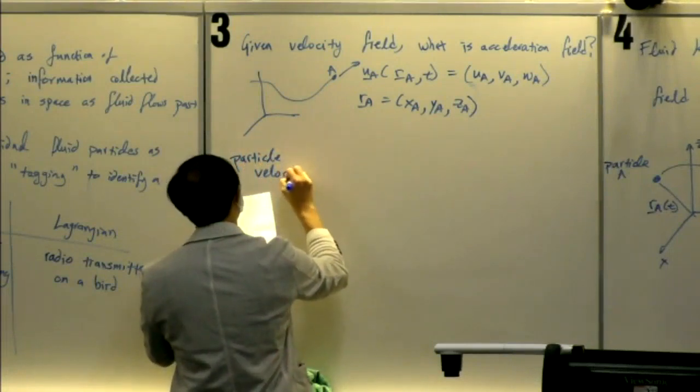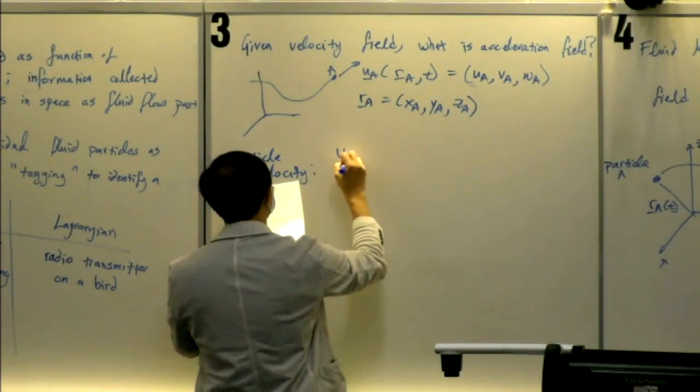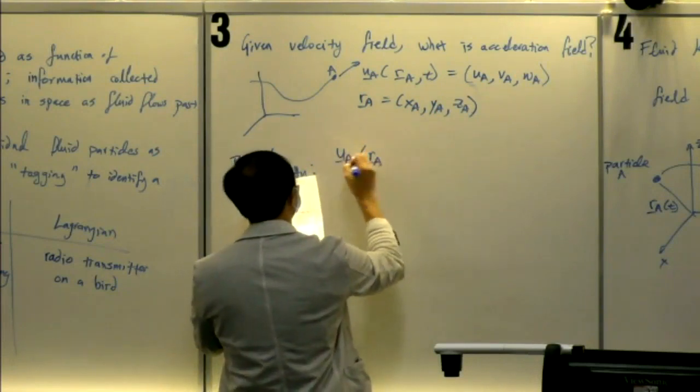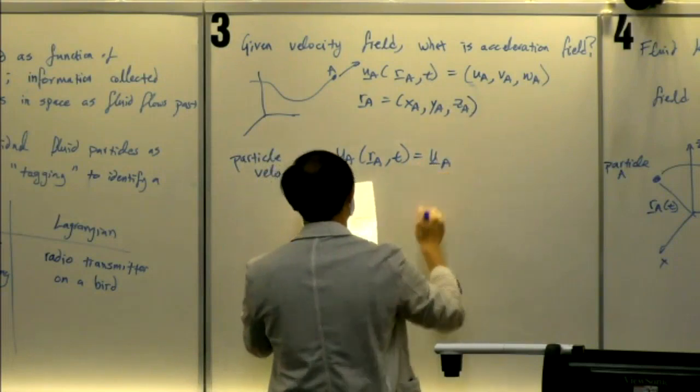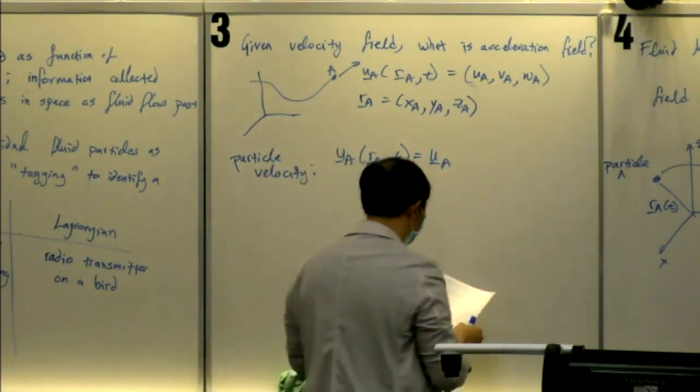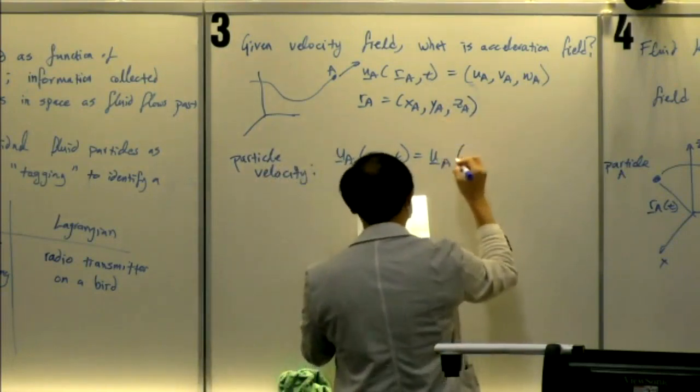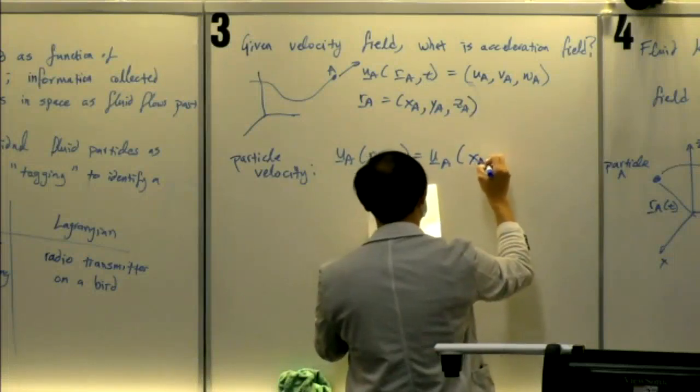So we've got the particle velocity, U_A, as a function of R_A and time. I'll just write what we have up there, but we'll give some meaning to it.